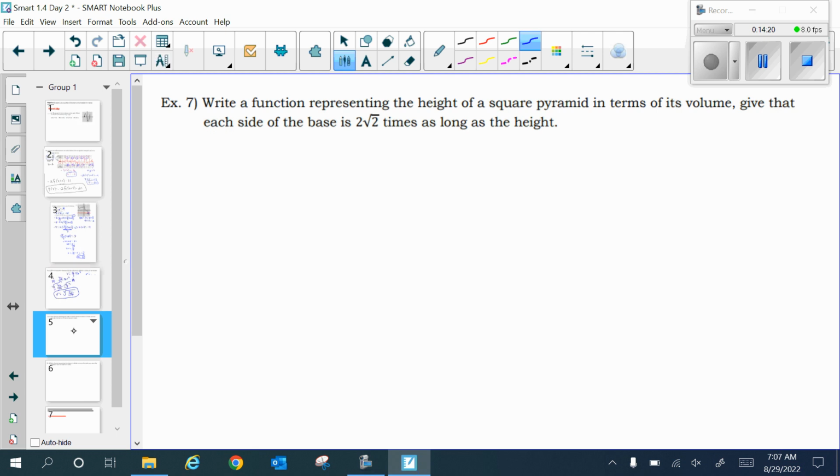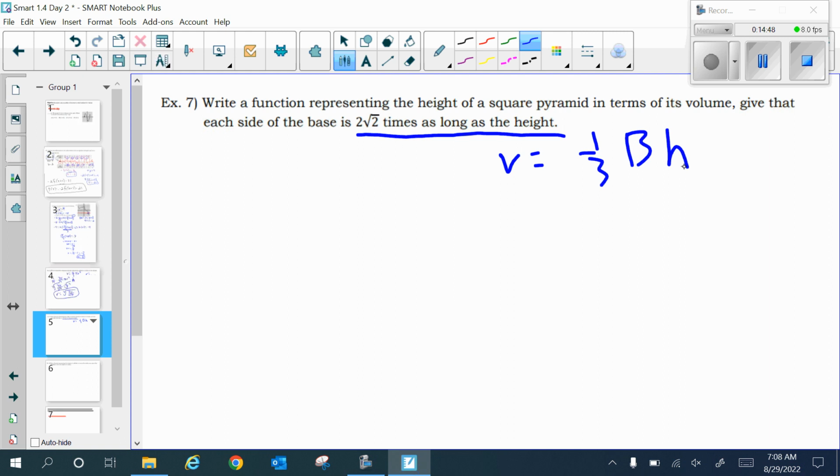So now for example 7, I need to write a function representing the height of a square pyramid in terms of its volume, given that each side of the base is 2 square root 2 times as long as the height. So that's important right there. The volume of a square pyramid is 1 over 3 multiplied by base times height.